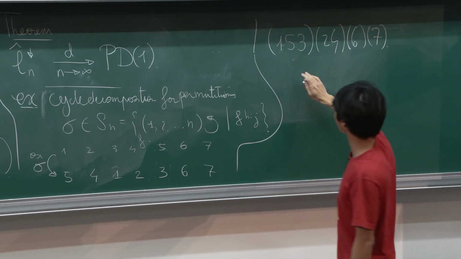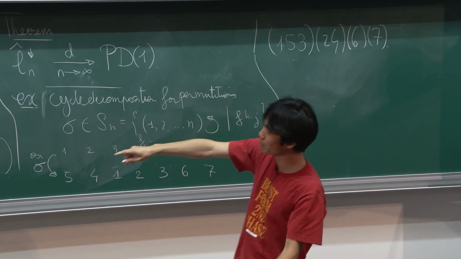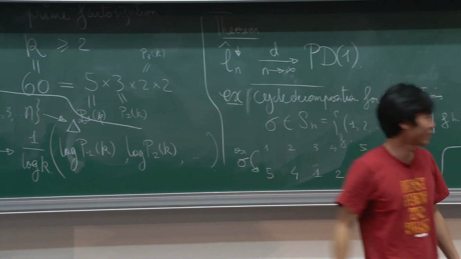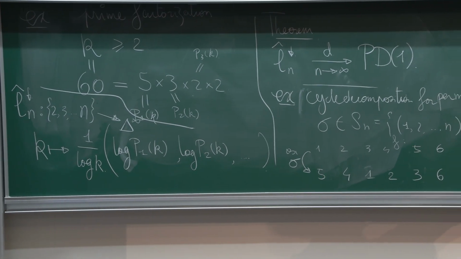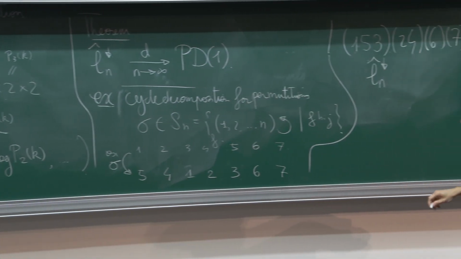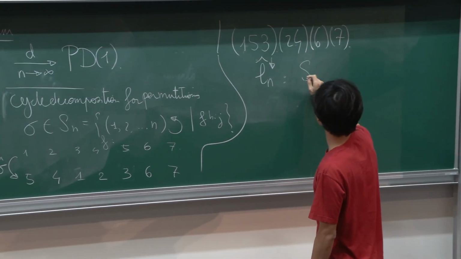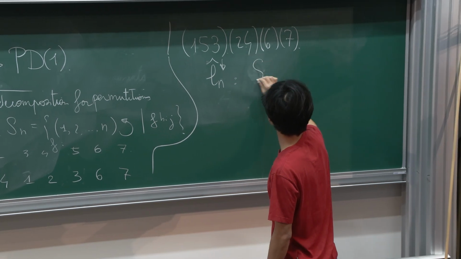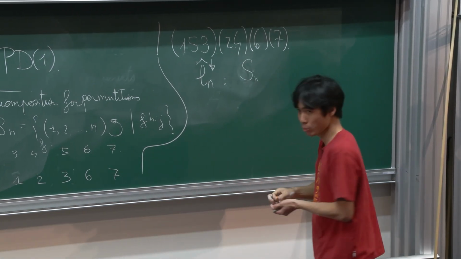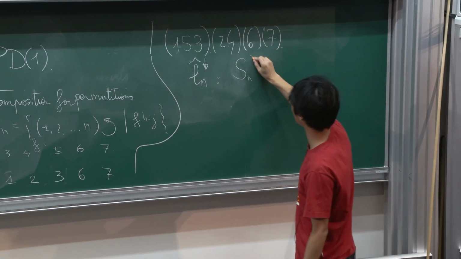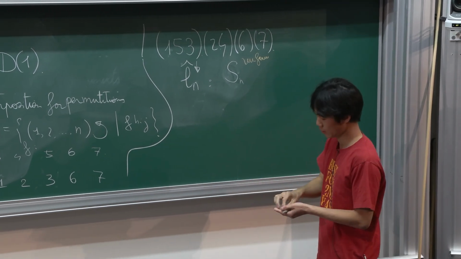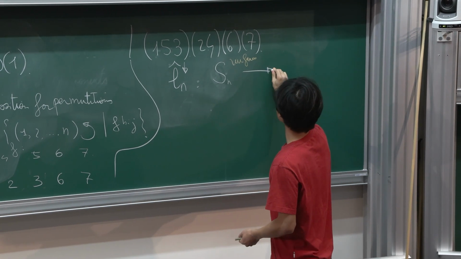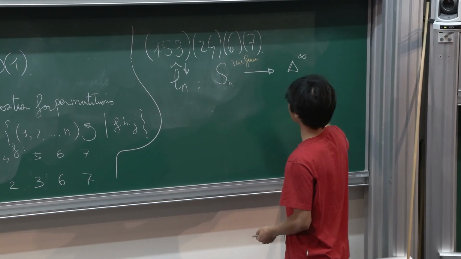Now you can imagine there is a very similar structure to the one before. You can define a similar random variable from the whole permutation group. You just pick a permutation randomly, with the uniform measure on it, and it goes to the simplex of infinite dimension.